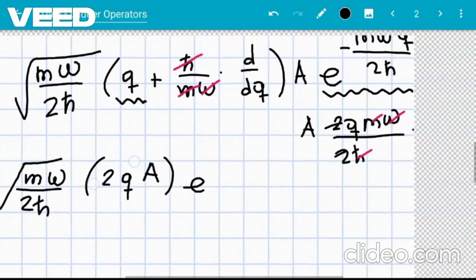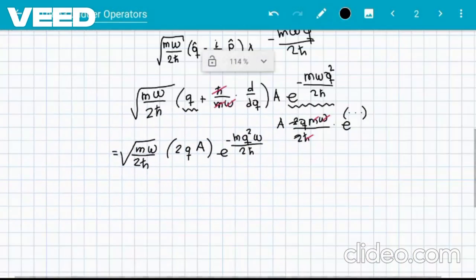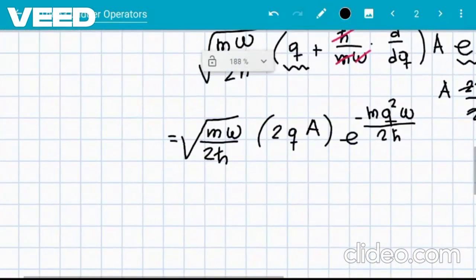And then the e expression. And so that's basically what the first excited state looks like.